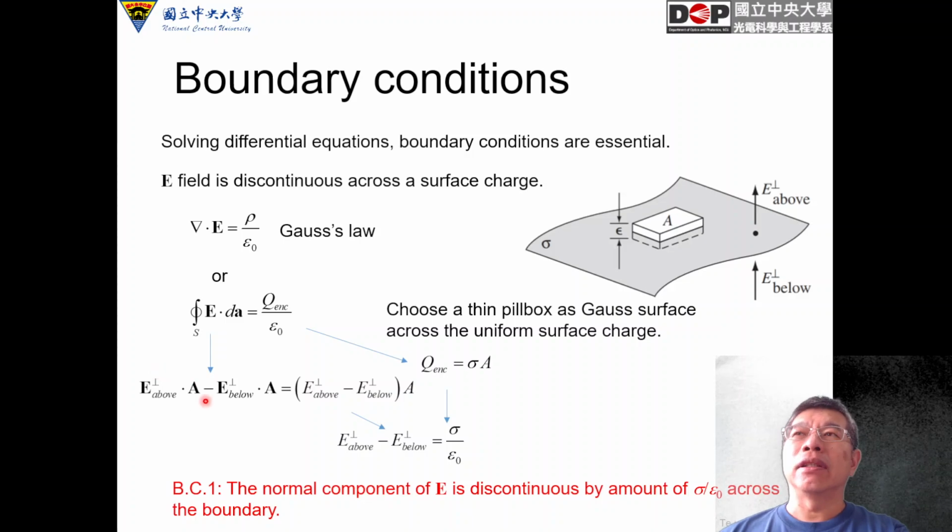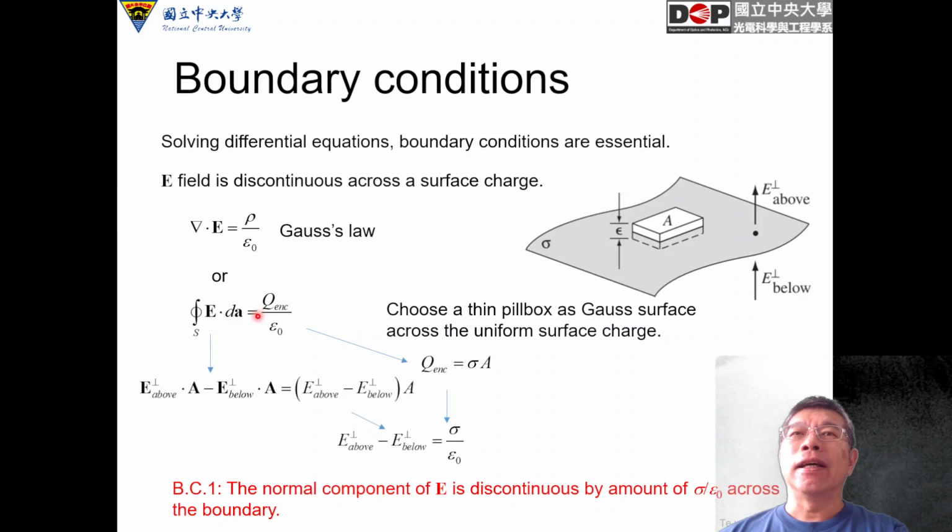The area is the same on both sides, one on the top, one below. So we say above and below and perpendicular. The surface vector points up on top and points down on the bottom. So we get things like this.